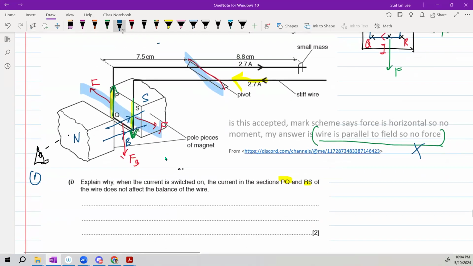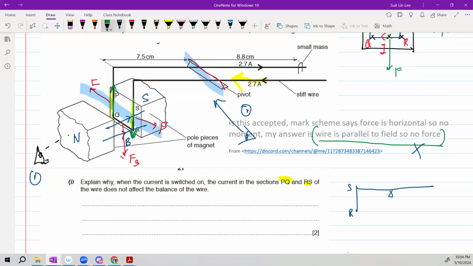View 2 will be more suitable if you struggle with the 3D. View 2 means I view from here. If I view from here, I see a pivot, I see one wire, and then I see a wire dropping down this way. This is my SR. That's all I see from this side.